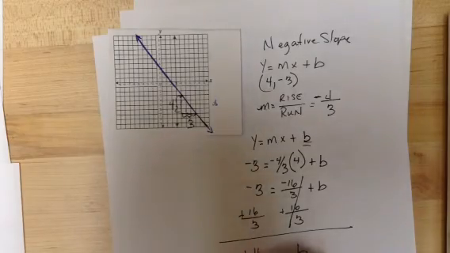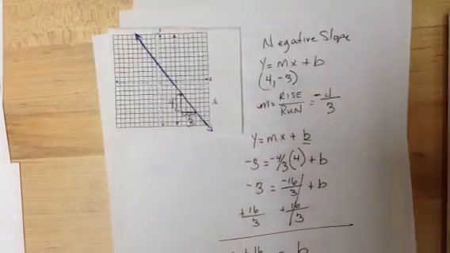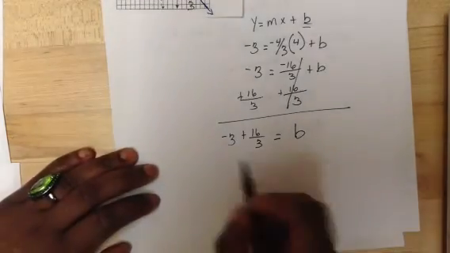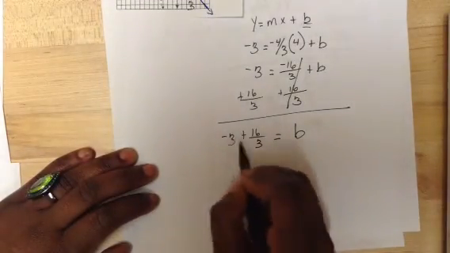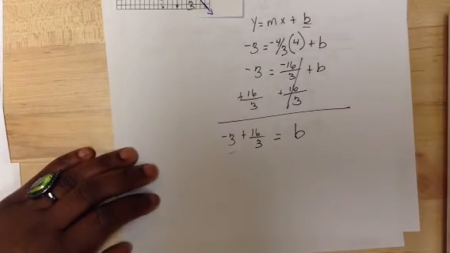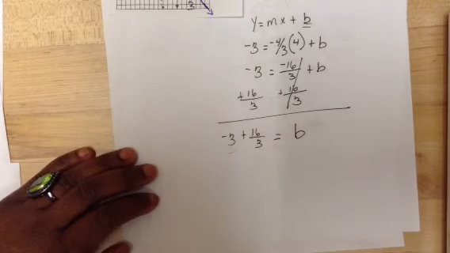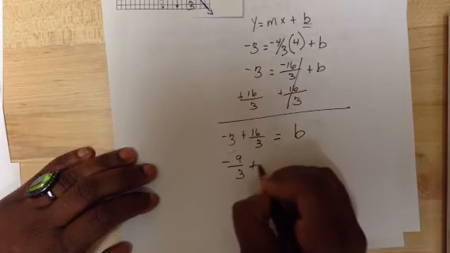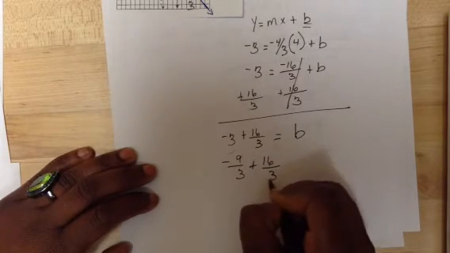I'm just going to run through this component rather quickly for those who are not sure. I need to turn this whole number into a fraction with a denominator of 3. That will give me -9/3 plus 16/3.